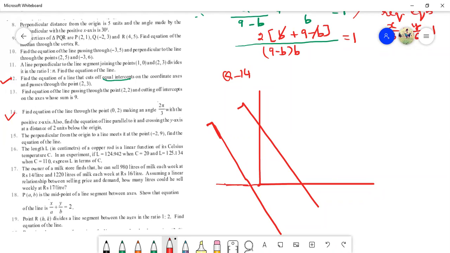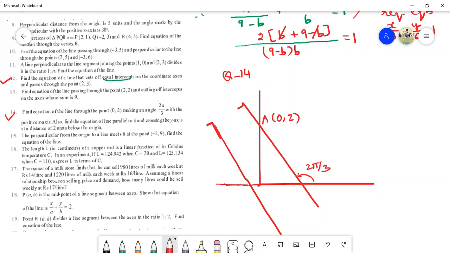So first line, find the equation of line making 2 pi by 3. This angle is 2 pi by 3, and the line passing through the point 0, 2. X coordinate is 0, so this point is 0, 2.